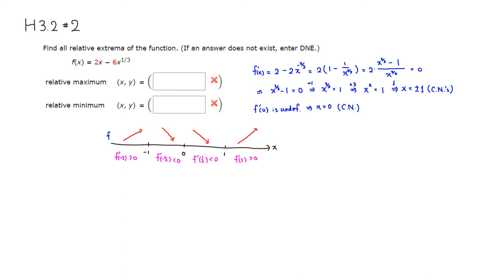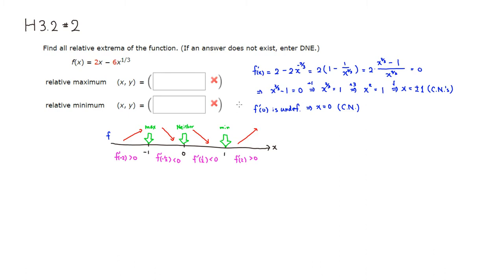So you can see that at this point you're going to see a local max, and here the sign doesn't change, so this is going to be neither. And here you're going to have a local minimum, so I'll just say min.